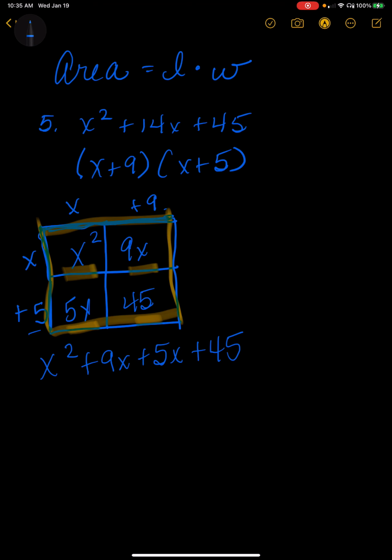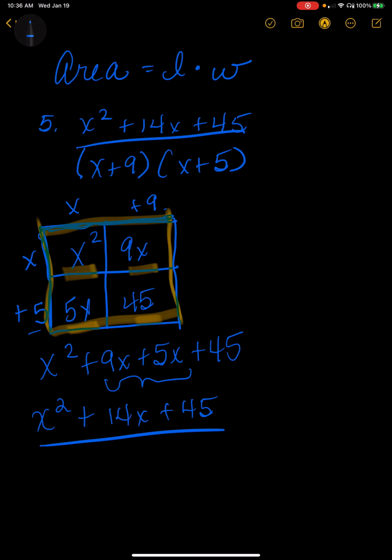We have like terms. They're linear terms, 9x plus 5x. So we have x squared plus 14x plus 45. Is that the same thing we started with? Yes. So we check. Excellent job.